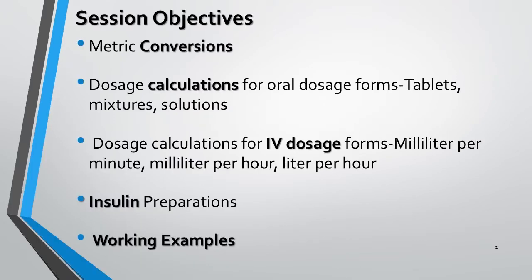The objectives of this session are as follows. To learn the fundamentals of converting metric measurements, that is, metric units from one to another; to know the drug dosage calculation for both oral and IV dosage forms; to know the procedure for initiation of insulin preparation for people with diabetes; to gain and understand the formula used to calculate the correct medication for administration; to do exercises and know the examples of the same.